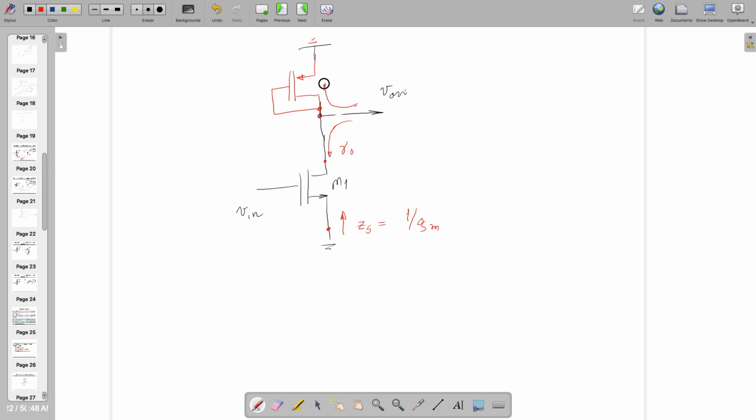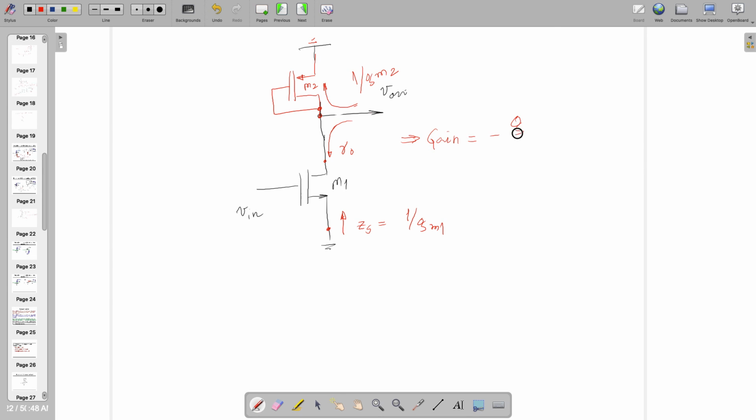If I'm looking up, what am I going to see? 1/gm, because in any diode connected configuration, any side you are seeing, either from gate, drain or source, it's always 1/gm. But let's call this one 1/gm2, and this is already 1/gm1. So now can you tell me the gain?